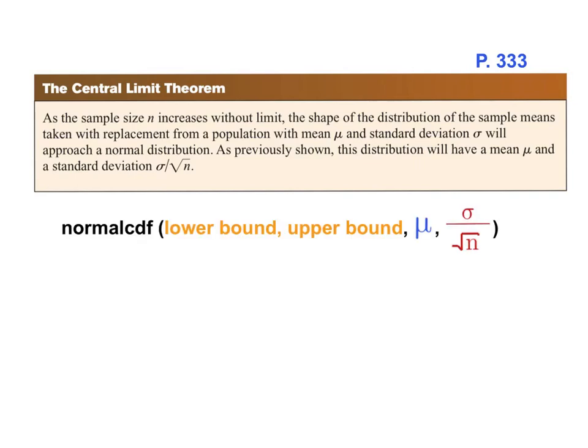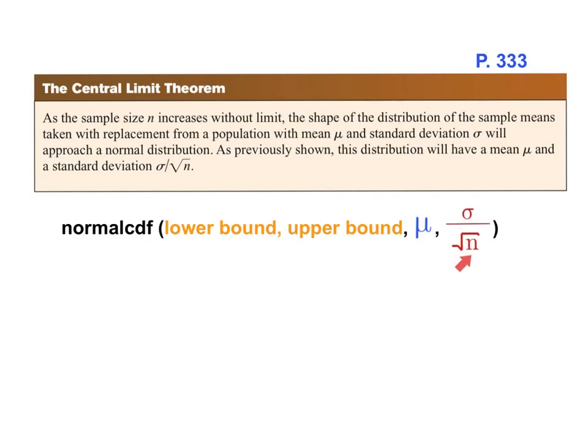So here's how you're going to enter it in your calculator. Everything is the same as what we've done until we get to the standard deviation. There's going to be one exception here that'll actually make it easier, and I'll talk about that in a second. But really, this is the exact same formula that you were using before for 6.2, except this was just the sigma for the standard deviation.